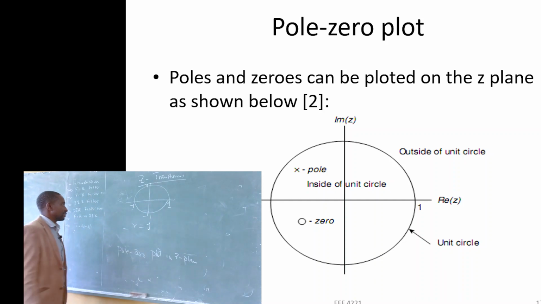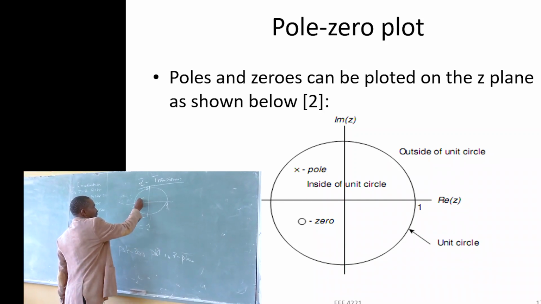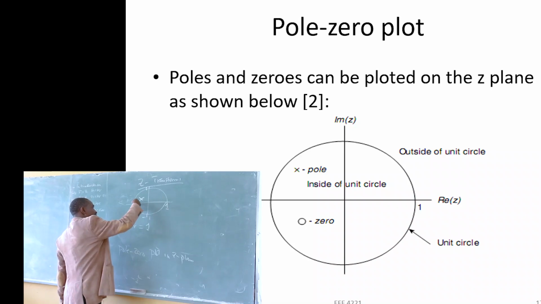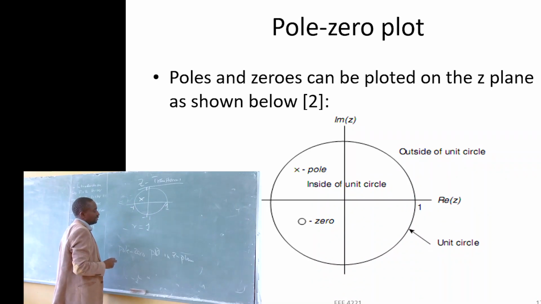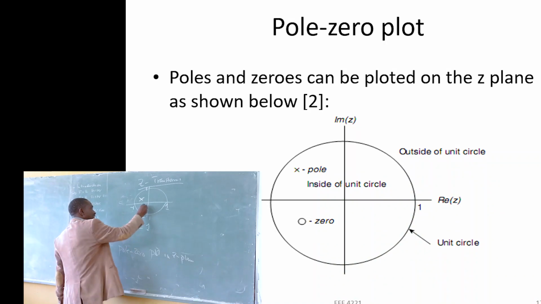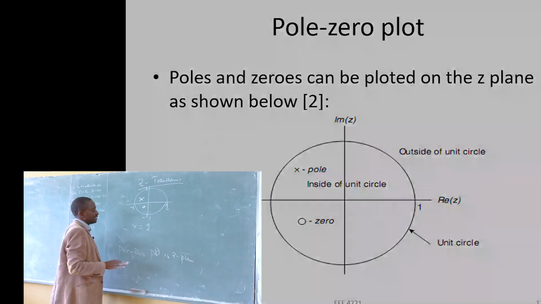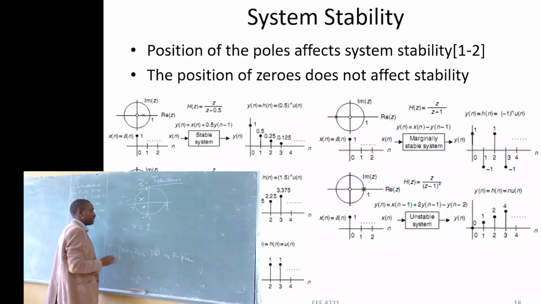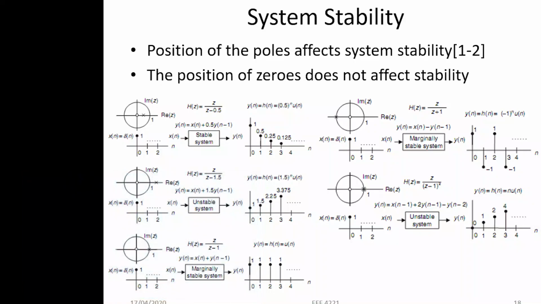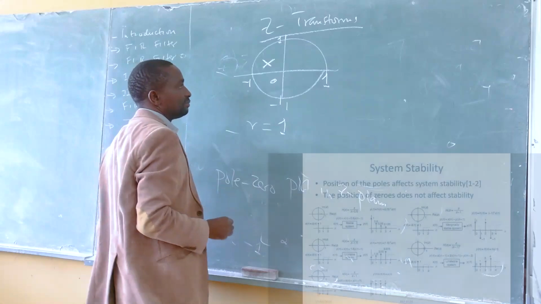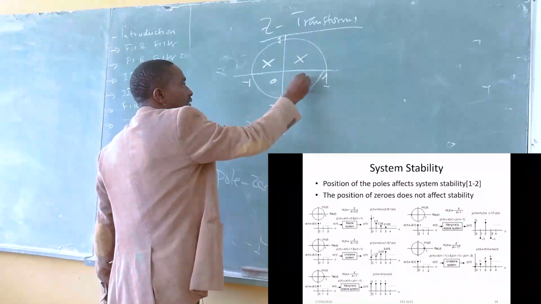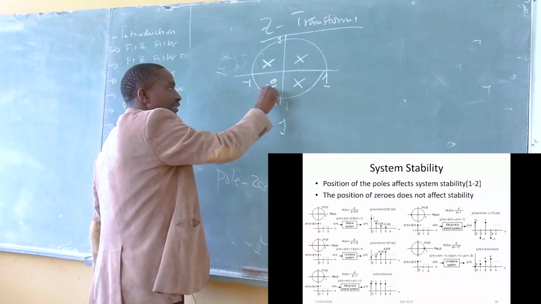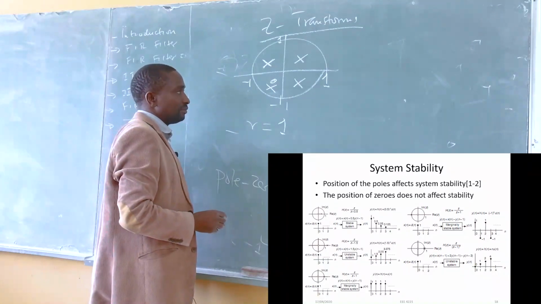So within this circle, if the poles fall inside the unit circle, we say the system is stable. The zeros may be here, but the position of zeros doesn't determine system stability. What determines system stability are the positions of the poles. When the poles are inside here, or here, or here, we say the system is stable.